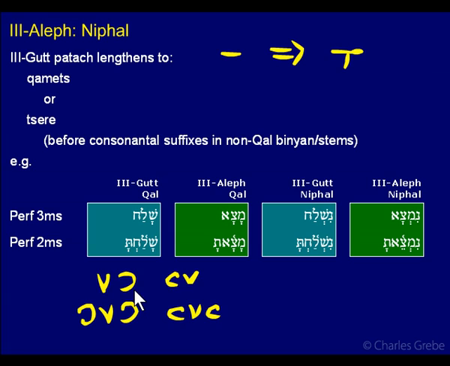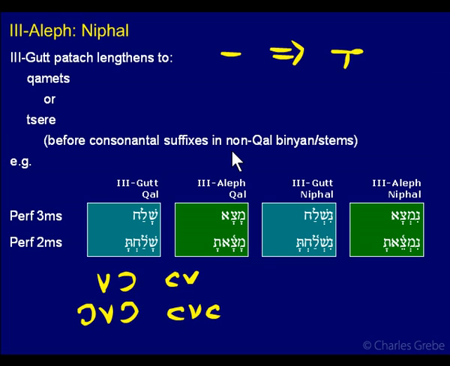I tend to write it this way just because I'm thinking Hebrew direction. If you have a consonantal suffix, then what happens in the qal, you get the behavior that we've seen so far. Shalachta becomes matzata. The patach lengthens to qamets, as you would expect. Aleph quiesces, patach lengthens to qamets.